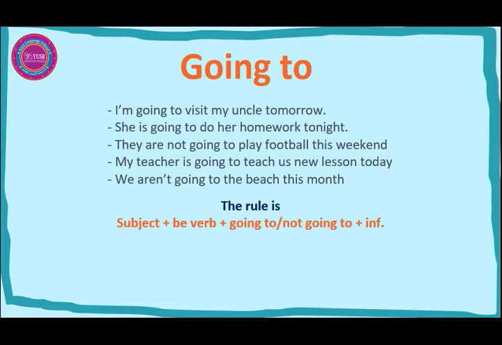The be verb here is "are" in the last sentence. We have "am" in the first sentence, "is," "are." They are all be verbs. Plus "going to," because we are talking about the future, or "not going to." Plus the infinitive, the verb without any additions.